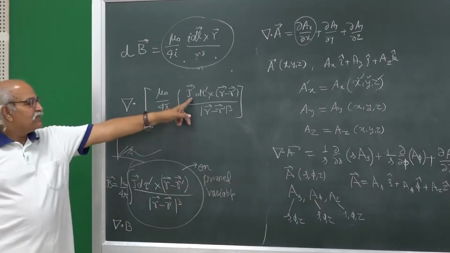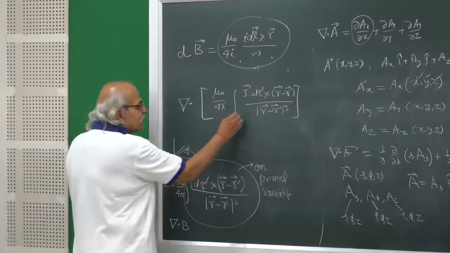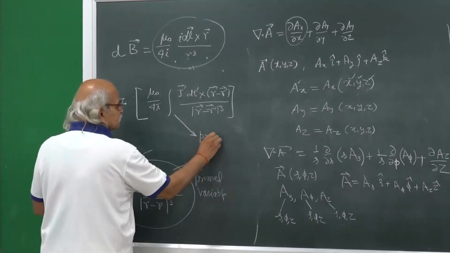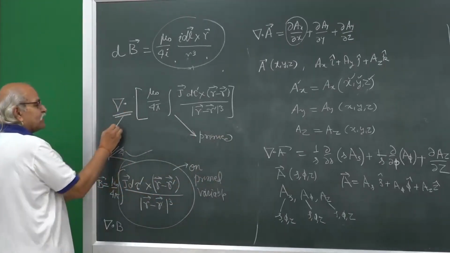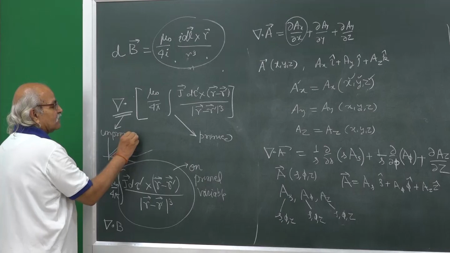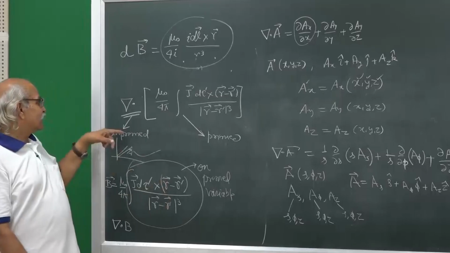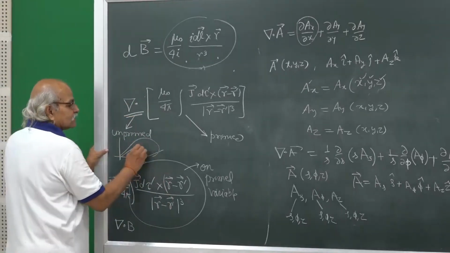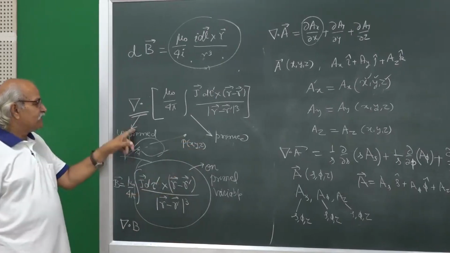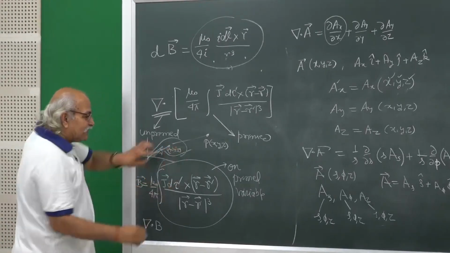So there is an integration involved and there is a differentiation involved. When you integrate, it is with respect to primed quantities. But when you are differentiating, you are doing it with unprimed quantity, x, y, z. Which x, y, z? This x, y, z. With respect to this x, y, z, I am differentiating, and with respect to x prime, y prime, z prime, I am integrating.